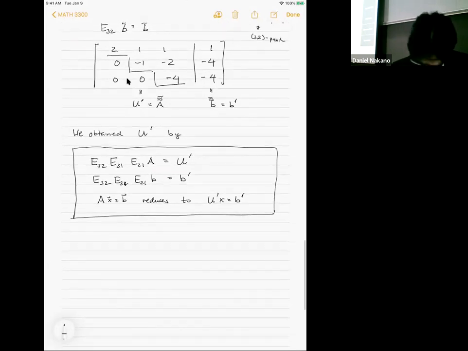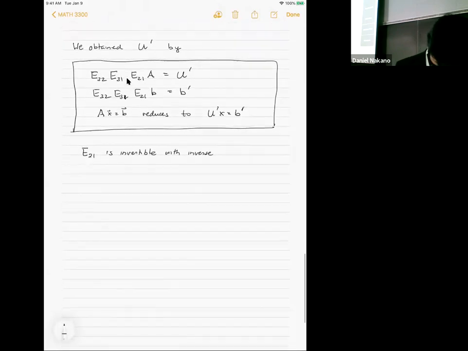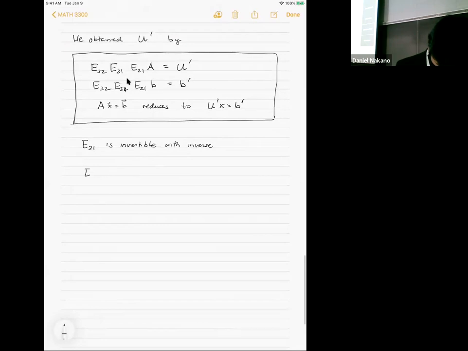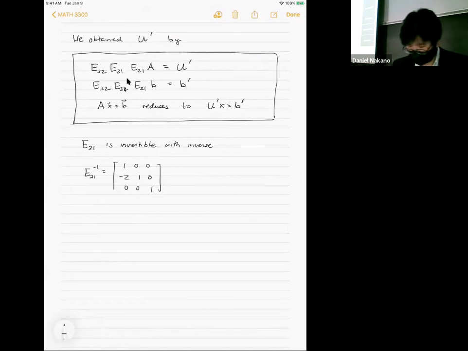So E21 is invertible with inverse E21 inverse equals 1, 0, 0, minus 2, 1, 0, and 0, 0, 1.